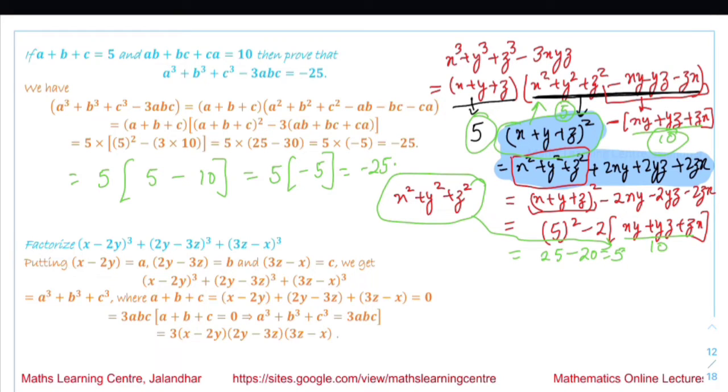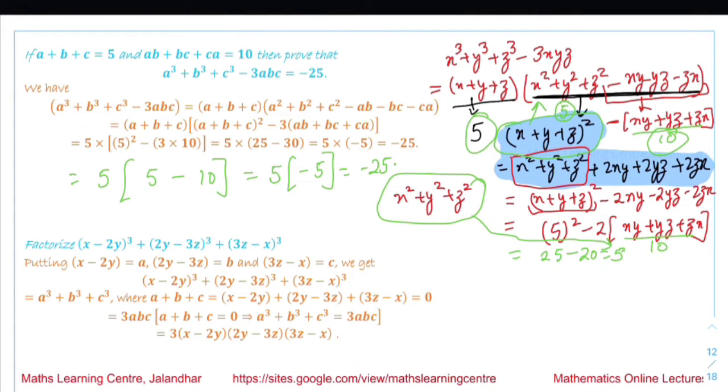Now in the next question, it is (x minus 2y) cube plus (2y minus 3z) cube plus (3z minus x) whole cube. Now one way is to solve all these cubes and find the answer.